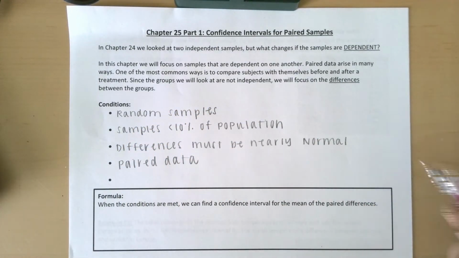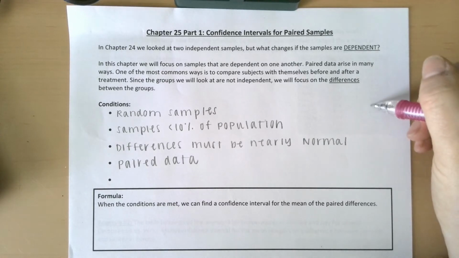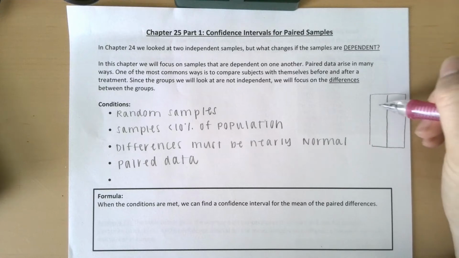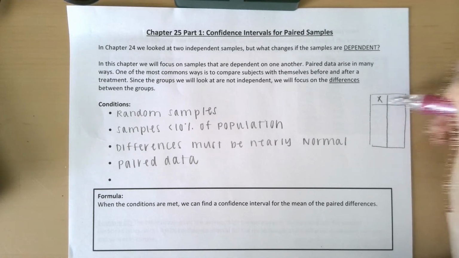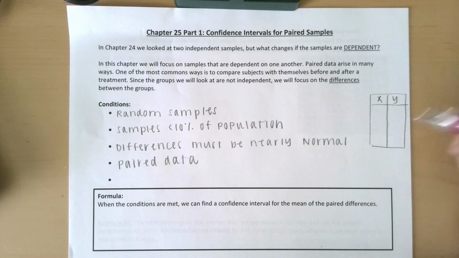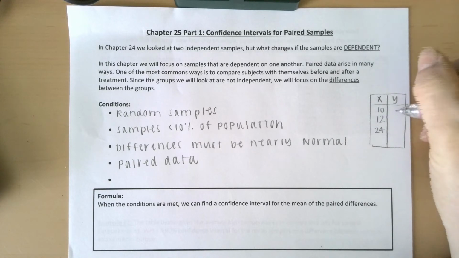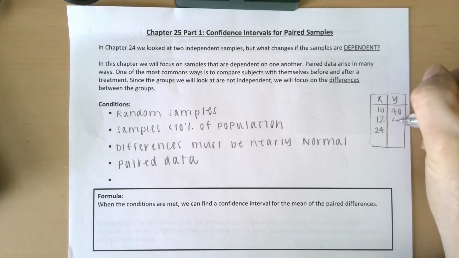When I think about paired data, I'm going to make a quick little chart over here. Most of the time your data is given to you in 2 columns like this. For simplicity, I'm just going to call this X and Y. And I might have 10, 12, 24, and then here it's 40, 44, and 50.